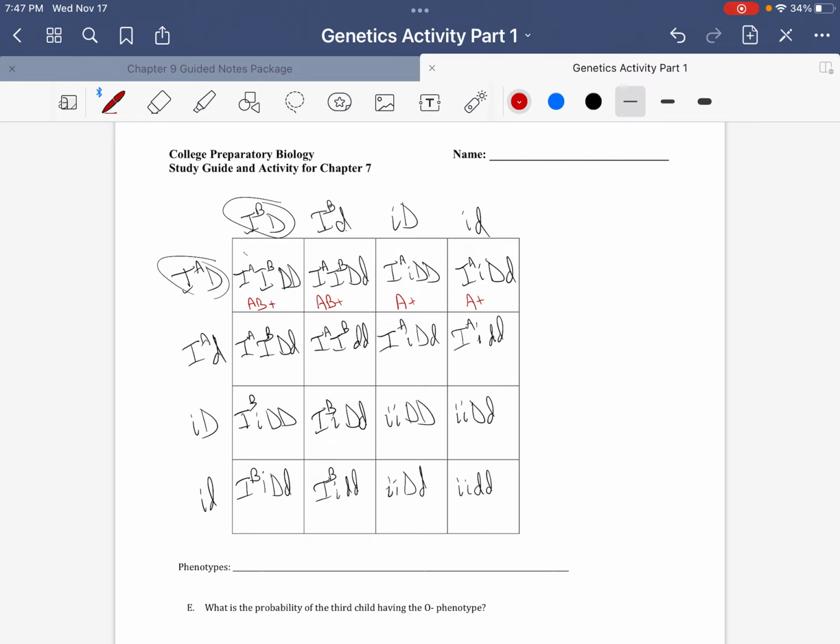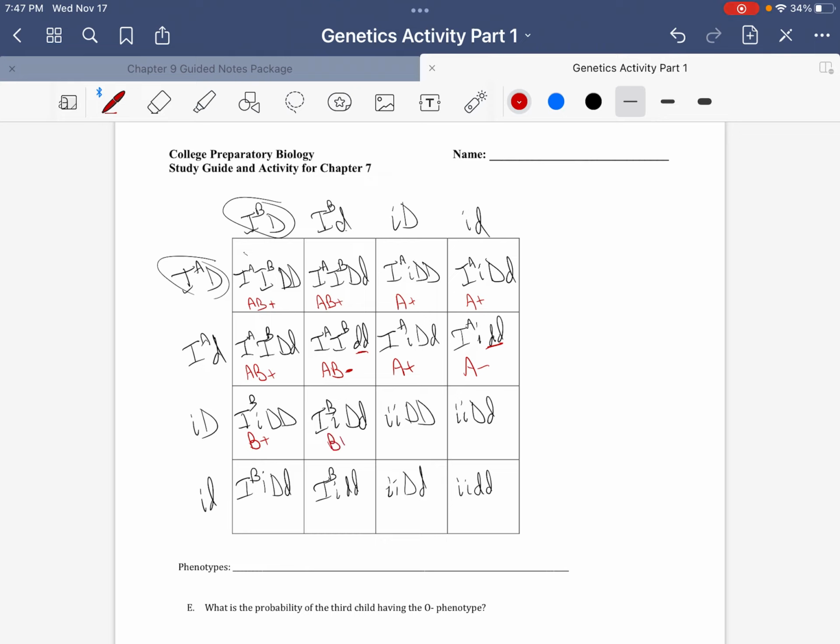There's another A positive. AB positive. AB. Now I've got two little d's. That's the recessive trait for rhesus, which means I won't produce the protein. So AB negative. A positive. A negative. I've got the two little d's there.